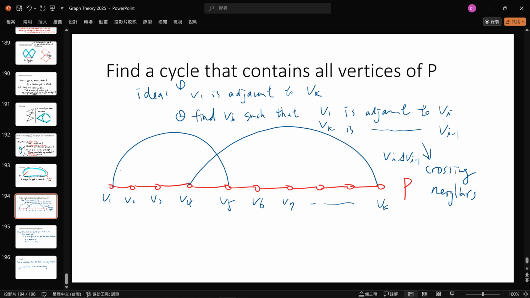So if this is not a maximal path, then you would check V1 and Vk, and check whether there's some neighbor that is not on the path.